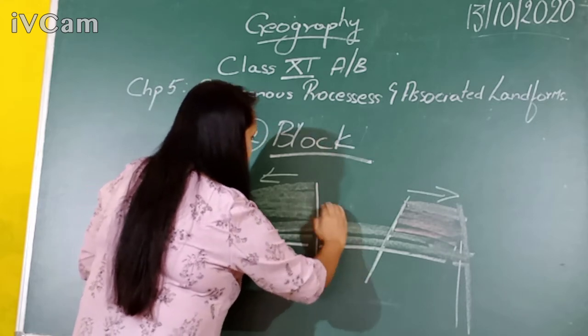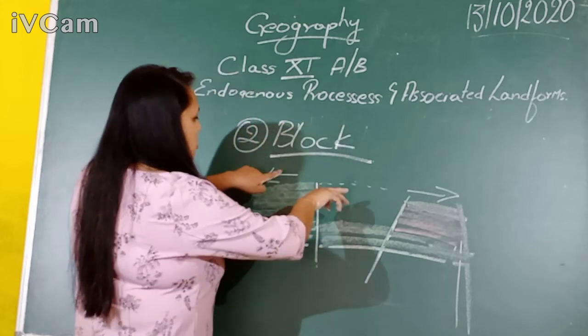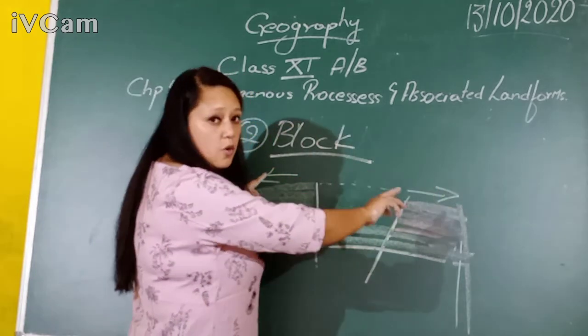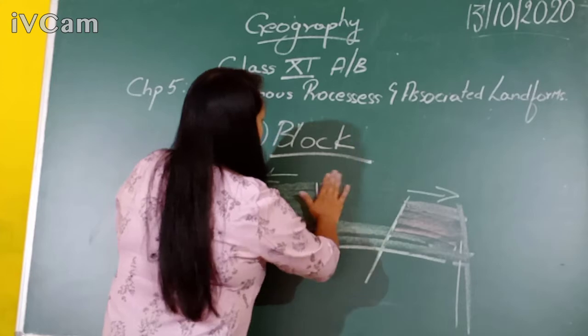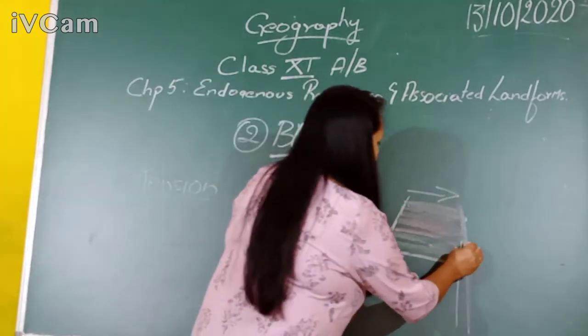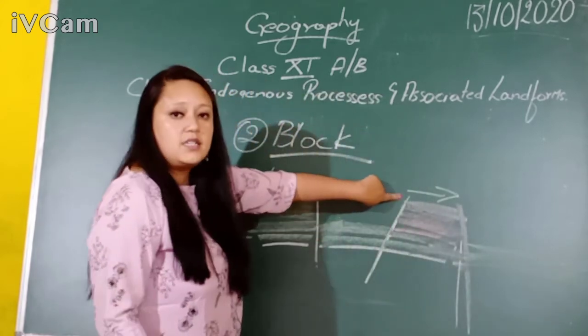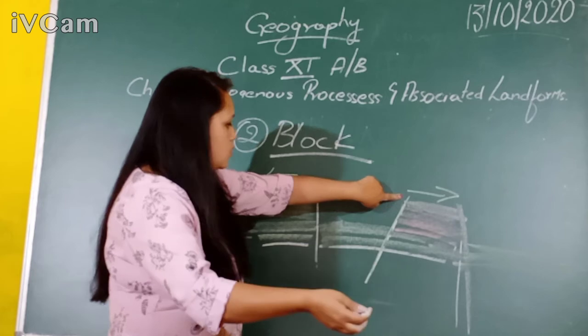Initially this part of the land also had the same height as the surface, but because of the forces acting in the opposite direction, these land masses moved away, and some part of the land started protruding outwards.